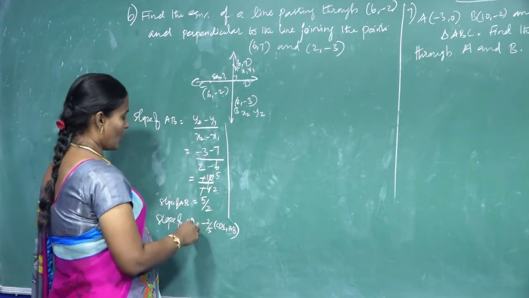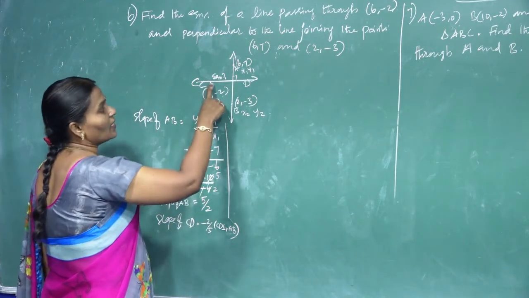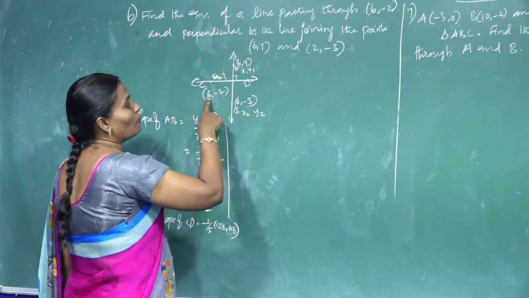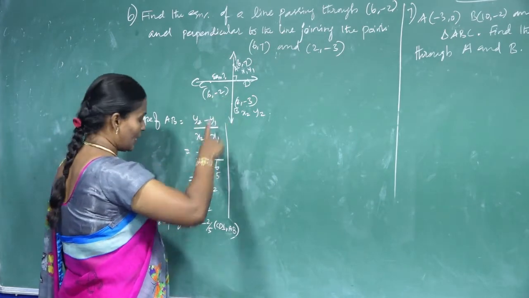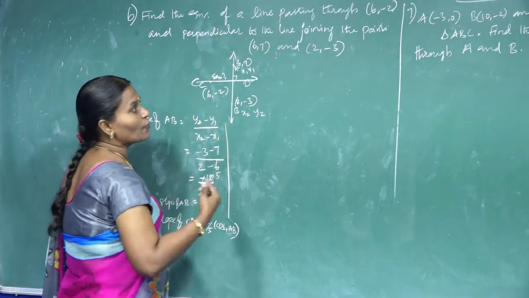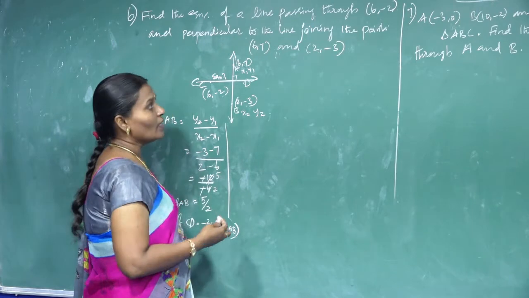Okay, children? Now take the slope. In CD, you know the point (6, -2) and the slope. So which form do we use?